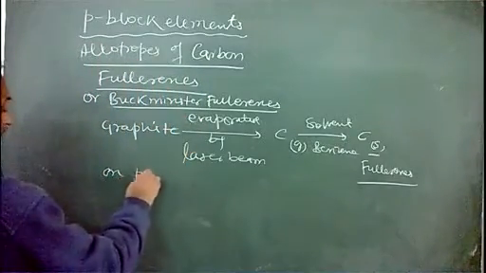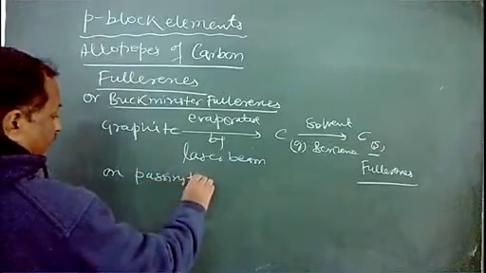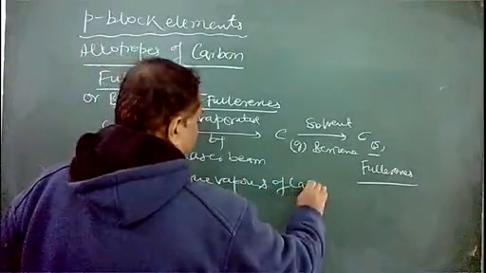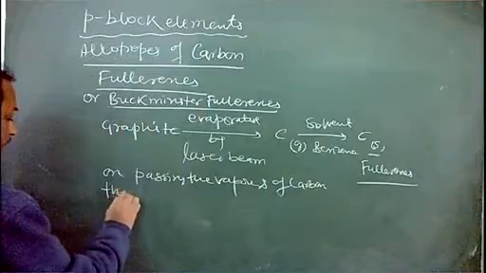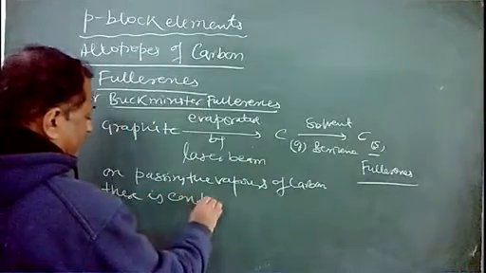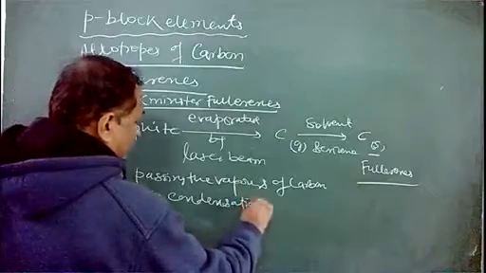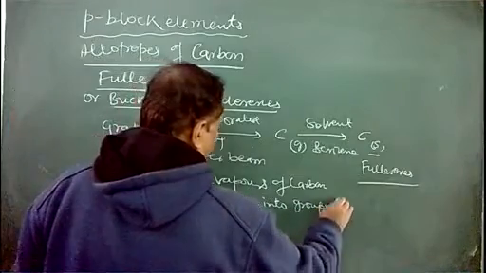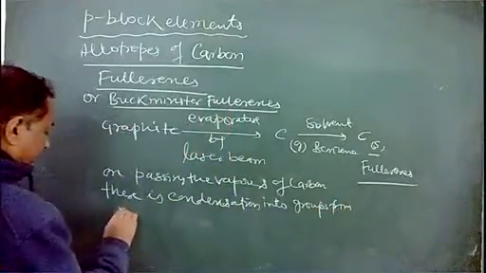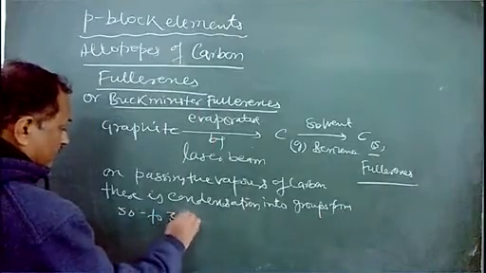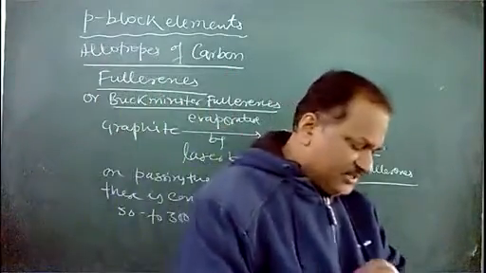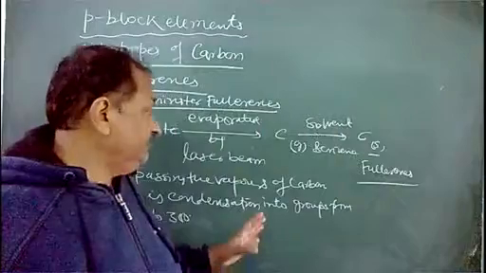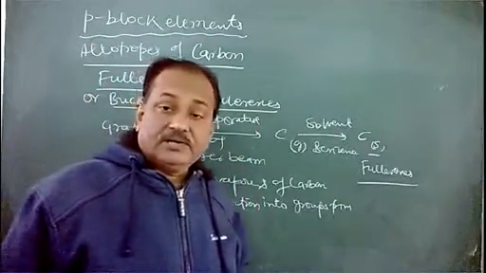On passing the vapors of carbon into a suitable solvent, there is condensation into groups from 50 to 300. So this is very much significant to note. And so this is the brief introduction about the allotropes of carbon.